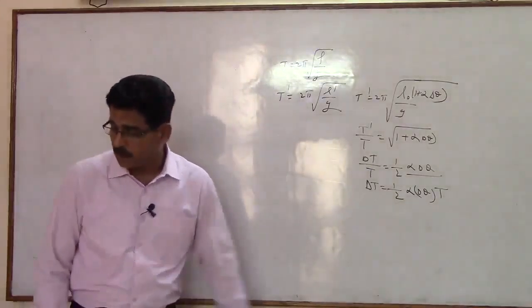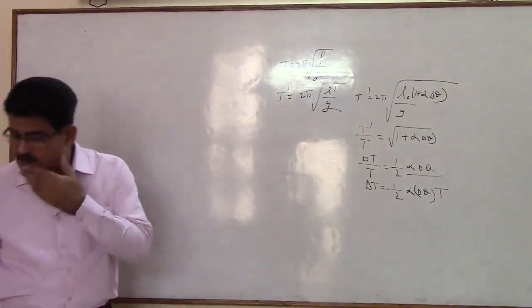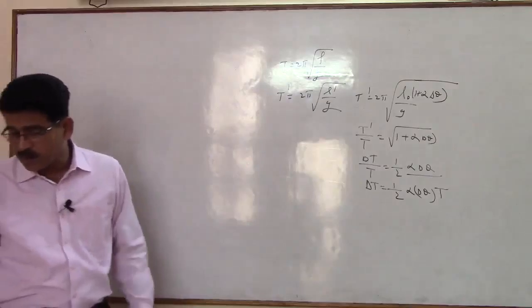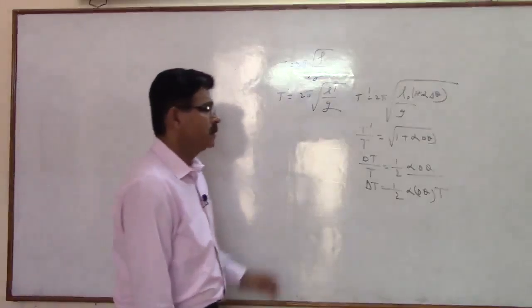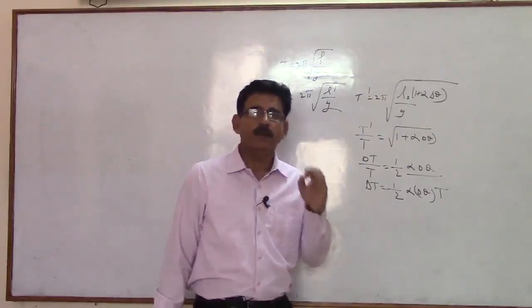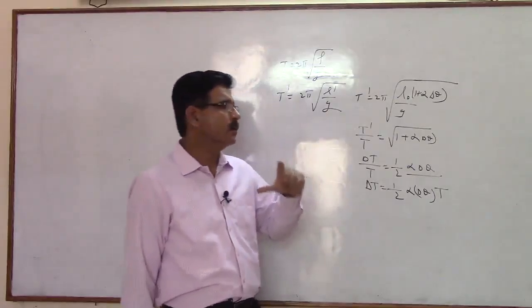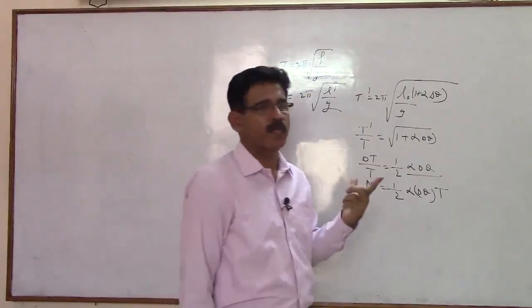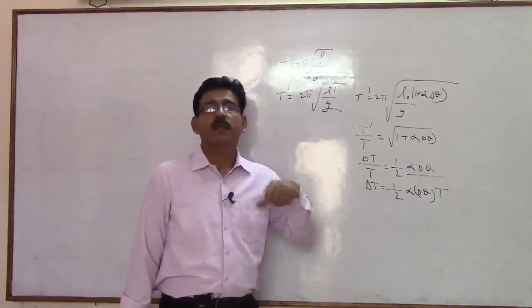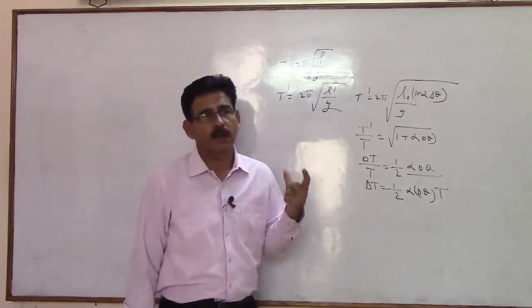Okay, so let us start now with a question. It says a pendulum clock loses 12 seconds a day if the temperature is 40 degrees Celsius. So the first thing is, when do you lose? You lose when the time period becomes more. And the time period becomes more if the length becomes more than the calibrated value.